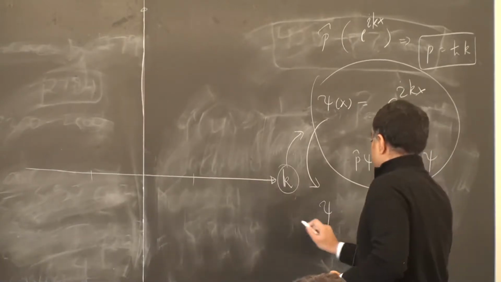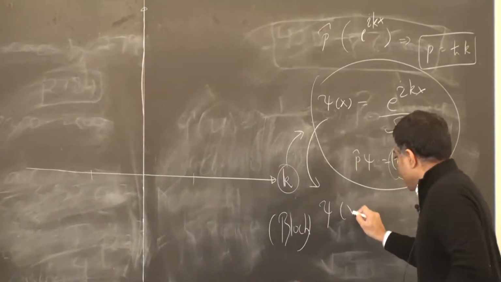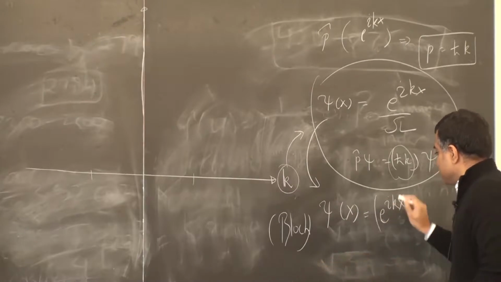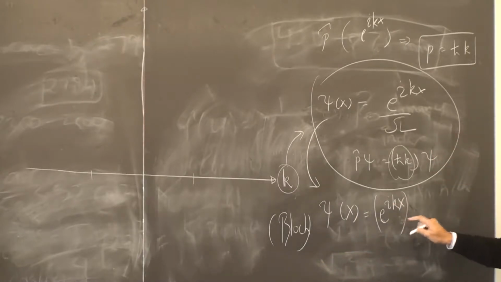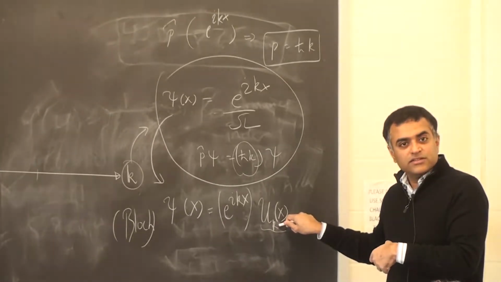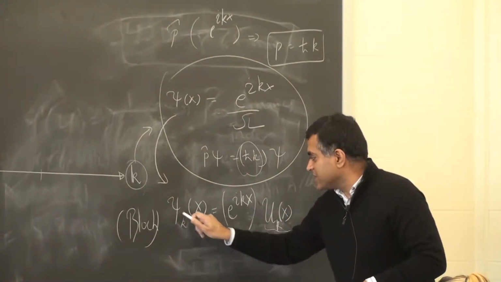So we write that as mostly like a free electron still, right? Except there is another part to it, u_k of x. And this thing is periodic with the lattice, meaning we index it typically by k here.